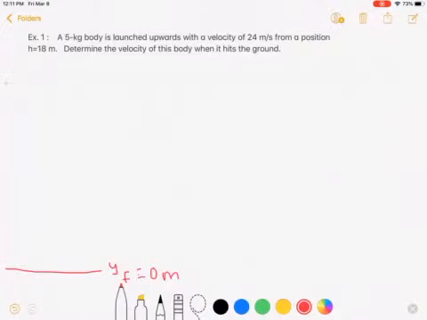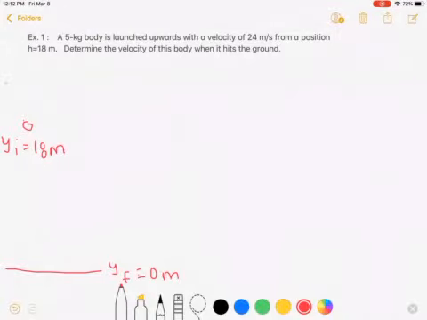Sorry, it's a little messy. I'm trying to use my finger to draw these heights here. So I'm going to start at an initial height of 18 meters. There's our ball. It starts at an initial height of 18 meters. It will end some time later on the ground at 0 meters.